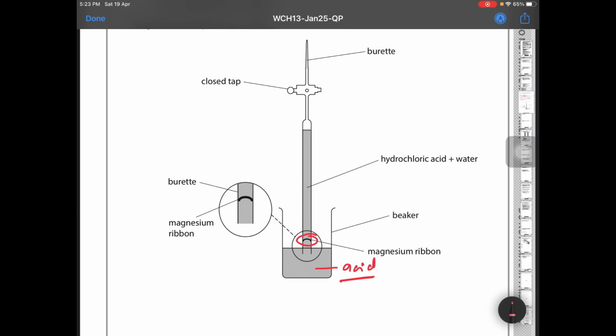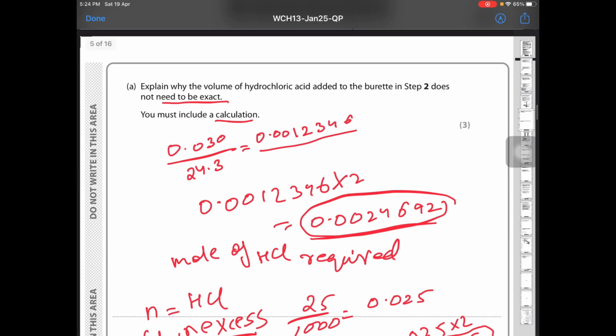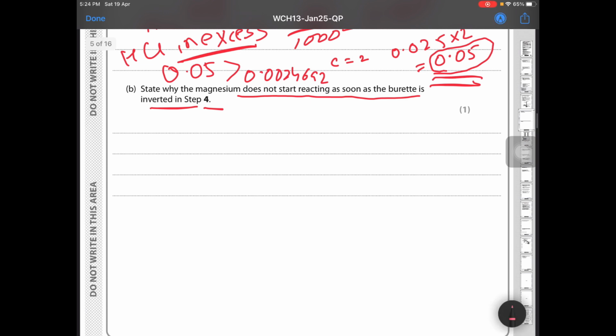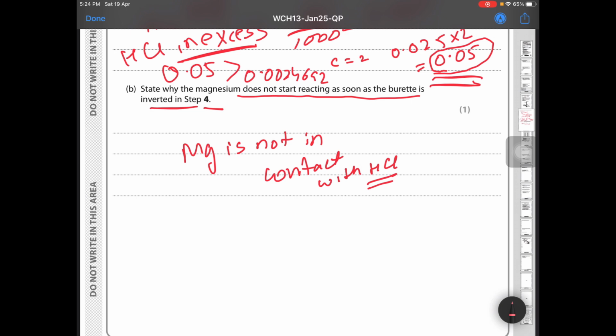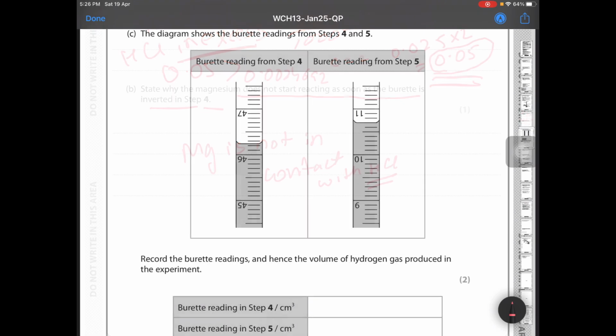If it is not in contact with the acid, how will it react? So this is the answer for your question. What you will write is that magnesium is not in contact with HCl. Clear? This is an easy 2-mark question.